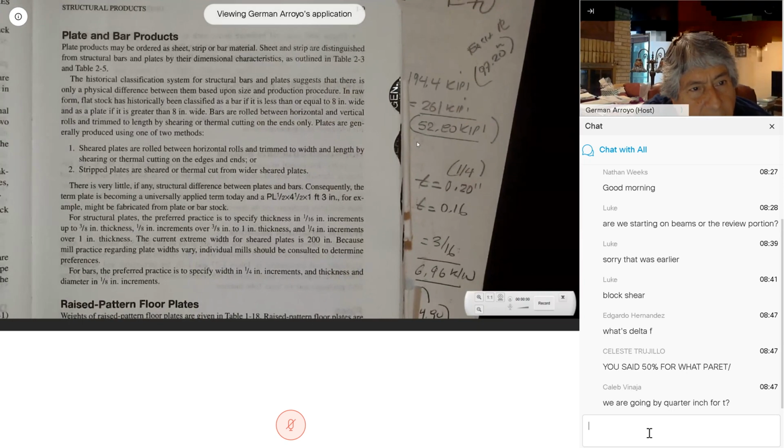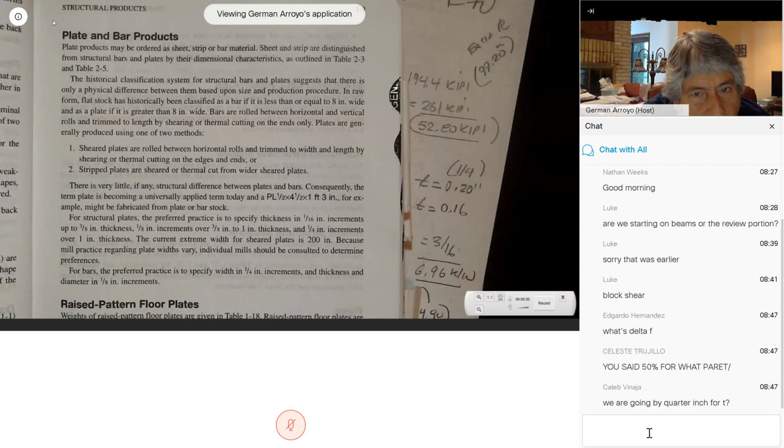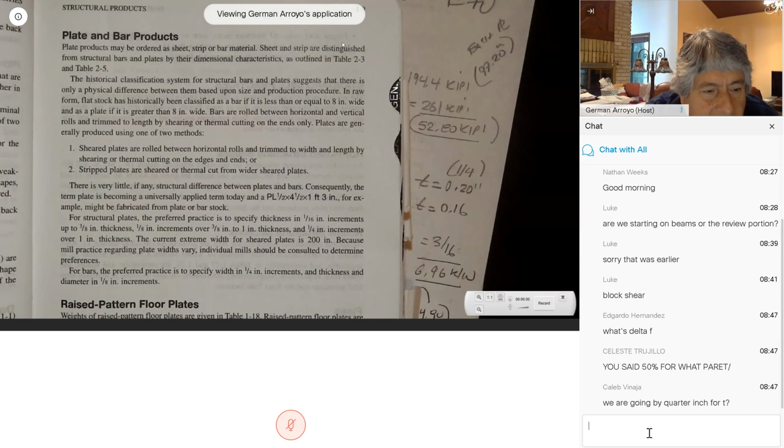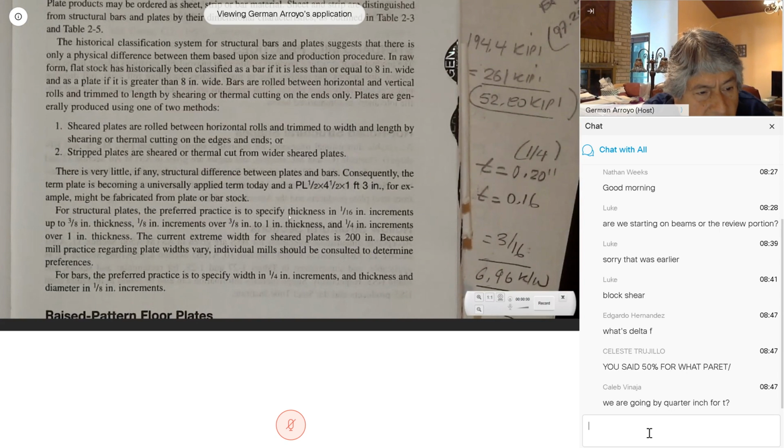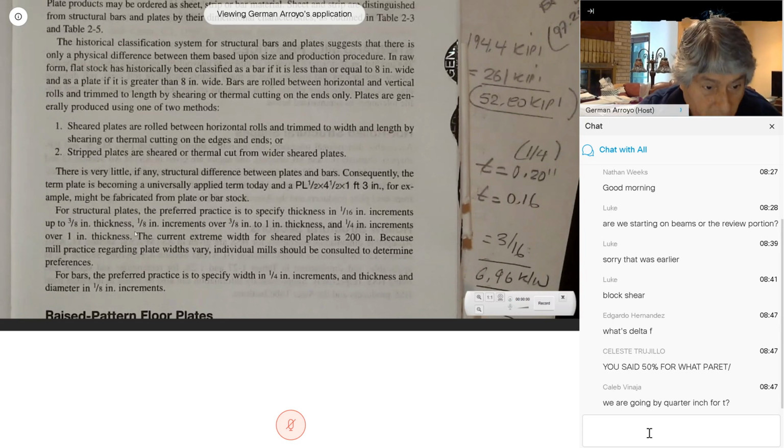At the beginning of the semester, I remember I forgot to mention to you to look at chapter 1, page 9. But here it says, for structural plate, the preferred practice is to specify thickness of 1/16 in increments up to 3/8 thickness, and 1/8 in increments over 3/8 to 1 inch. Right? So, look, for structural plate, the preferred practice is to specify thickness 1/16 in increments up to 3/8 and 1/8 in increments over 3/8 to 1 inch.